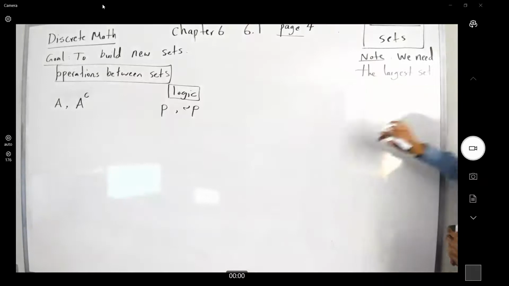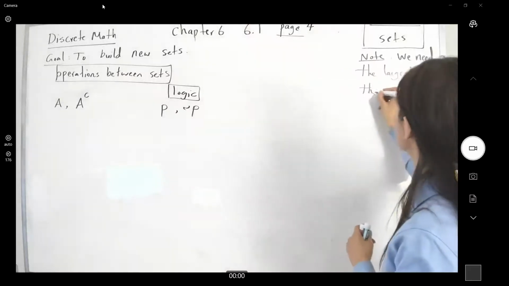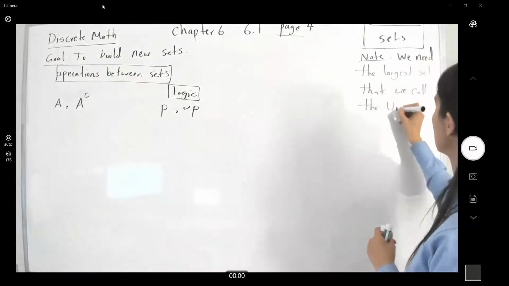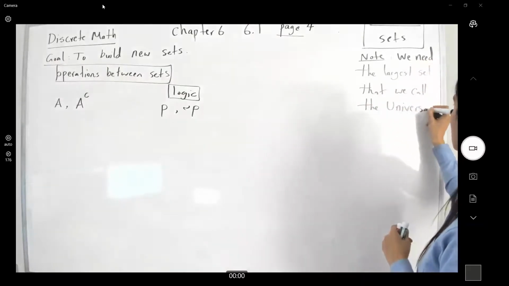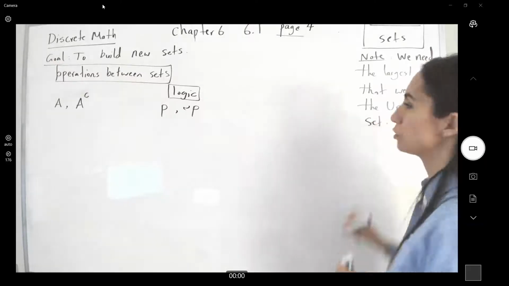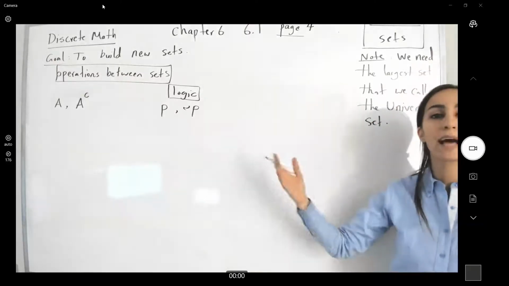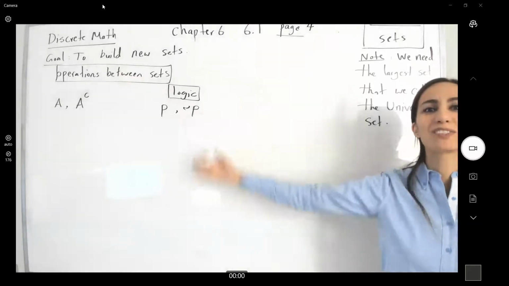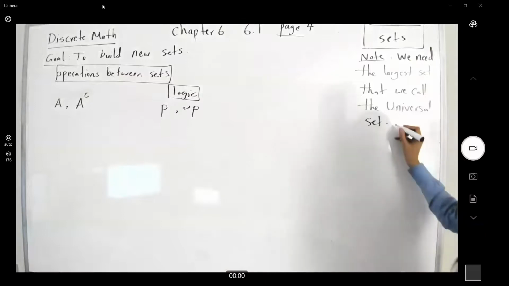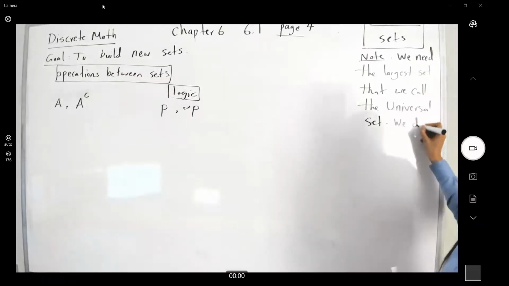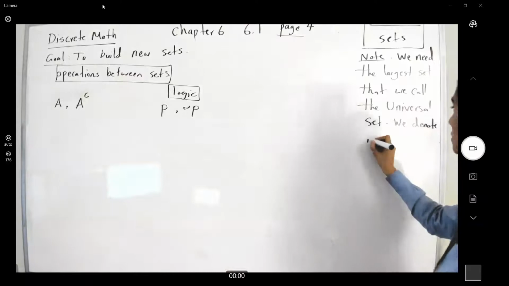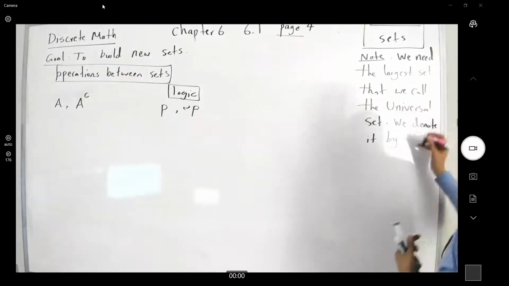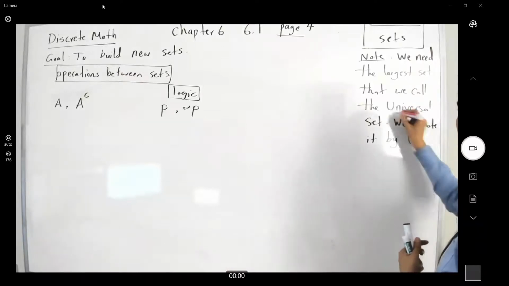The largest set that we call the universal set. Think about the universe, including all planets, all stars, all galaxies, the universal set. We denote it by U, and we call it the universal set.